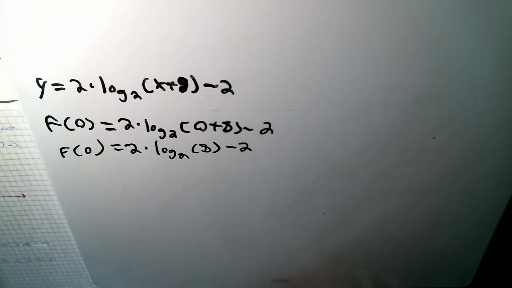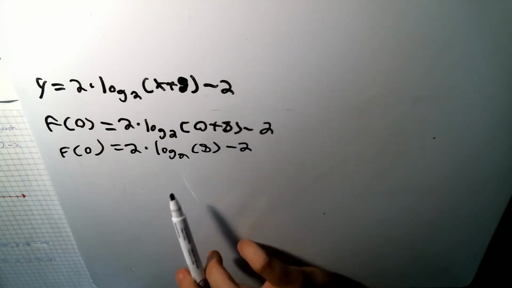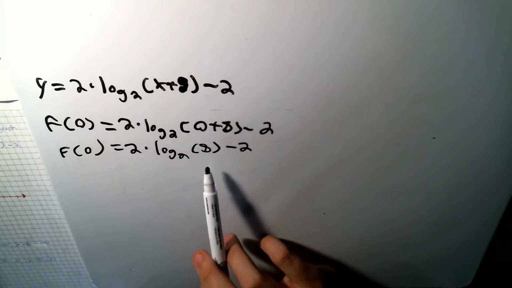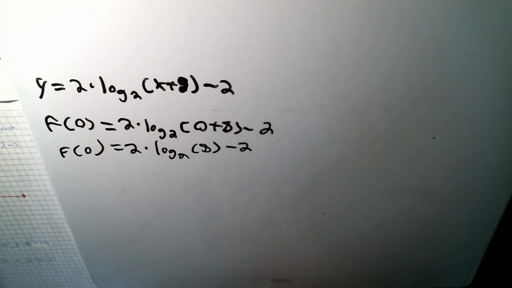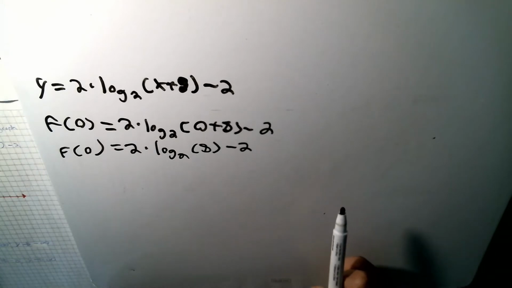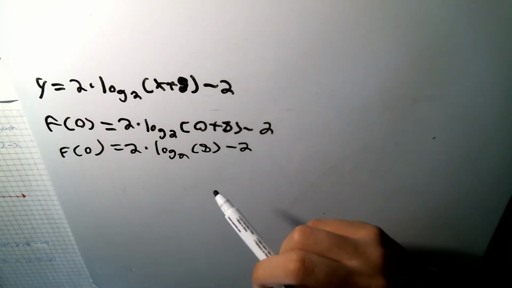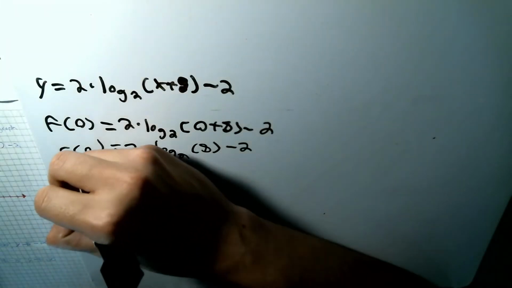My guess is that you know how logarithm works, but this pretty much means: 2 to what number gives 8? That will be 3. 2 squared, 2 cubed, yes, 2 to the power of 3 gives 8. So that's the logarithm.